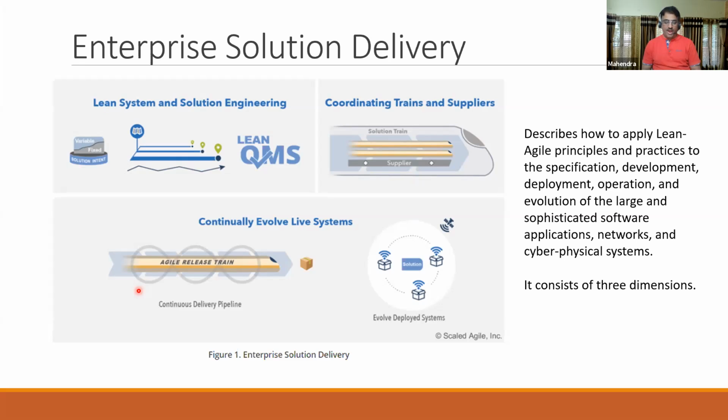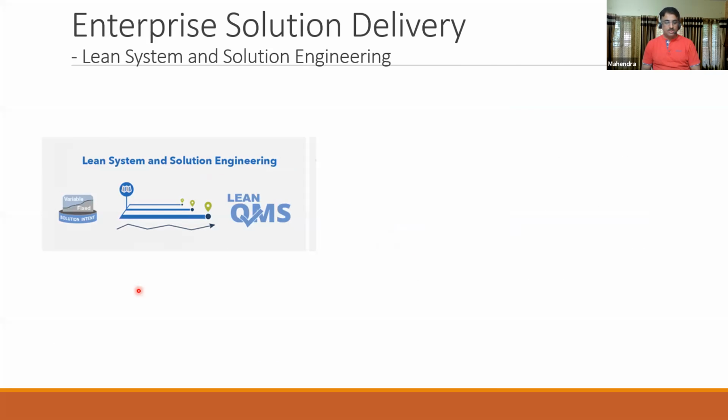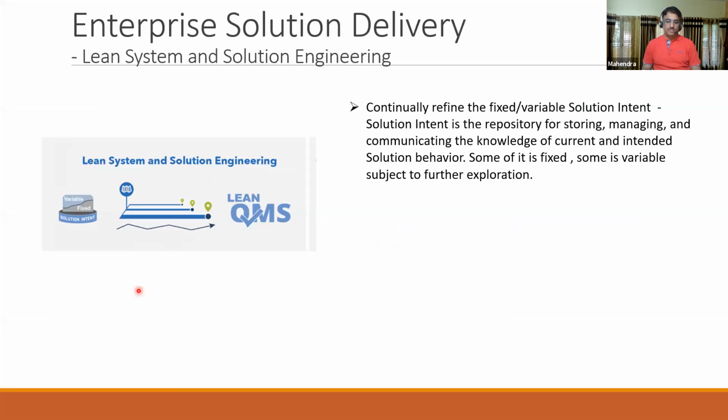But if the value stream is so big that one agile release train cannot cater for it, an agile release train consists of anywhere between 10 to 15 teams, a max of 150 members. What if a solution requires more than that? That is where we talk of large solutions. This competency talks about how we cater to large solutions.